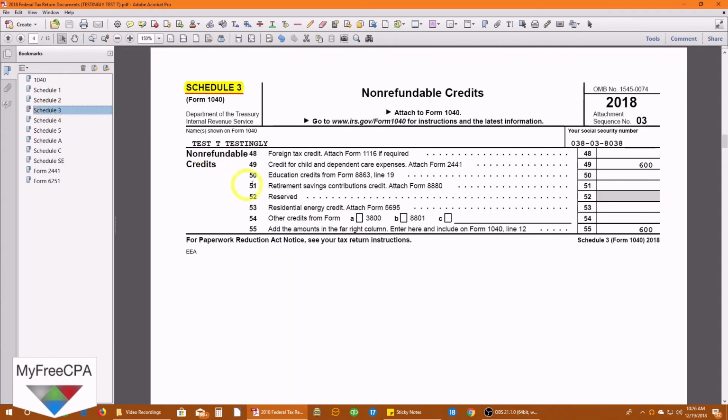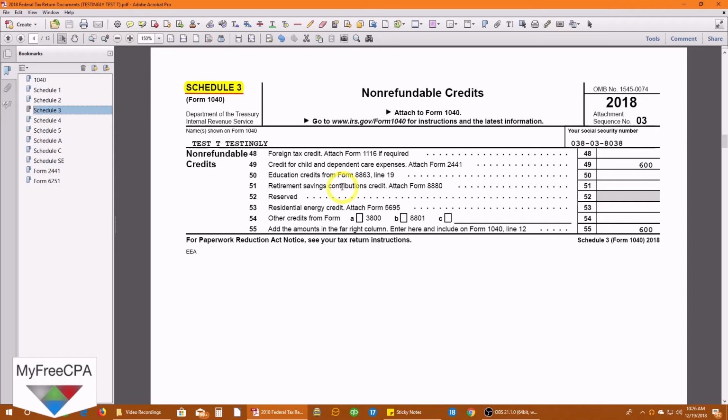Schedule 3 is additional credits. So foreign tax credits, if we pay taxes to a foreign government, if we pay daycare, if we have education credits because we're going to college, and if we're under a certain income and we contribute to a Roth IRA or a regular IRA, we get a retirement savings contribution credit. So imagine that you get money for putting money towards retirement.